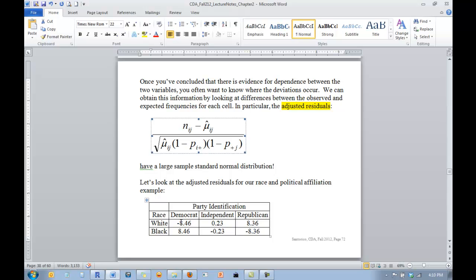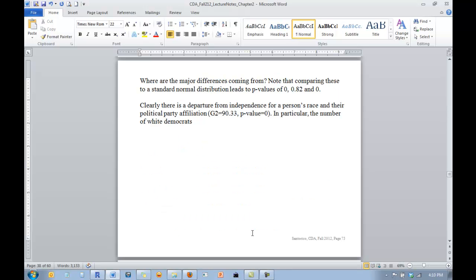I get that because this is a negative. And the number of black Republicans is also lower than we'd expected by chance. In particular, the number of white Democrats and black Republicans is much lower than would be expected if there was independence.